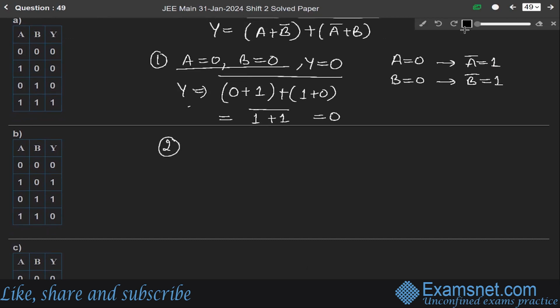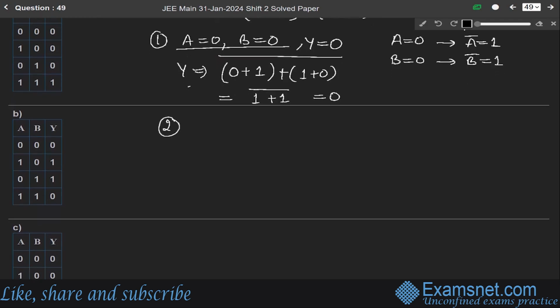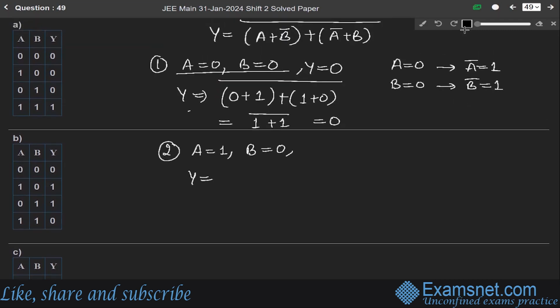Now second condition, when A is 1 and B is 0. So when A is 1 means 1, plus B is 0 means B bar 1, plus A is 1 means A bar 0 and B is 0. So again it will be equal to 0. Okay.